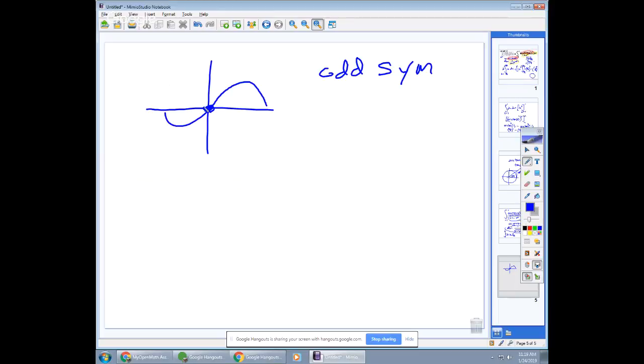So if I have a point over here, there's going to be a matching point over there, and if you draw a line connecting those two points, it goes through the origin. In other words, if I have the point x, y, then I also have to have the point -x, -y. That's in the first and third quadrant. Same thing goes for the second and fourth quadrant.